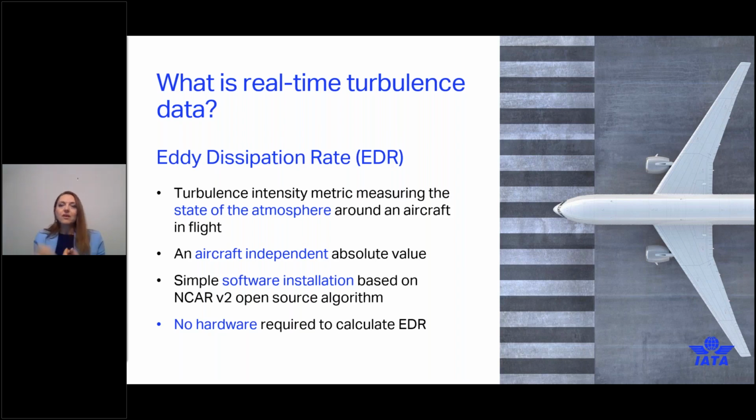So the equivalent of the 2-meter height wave can be EDR of, for example, 0.3. And the impact of the 2-meter height wave on the big cruise ship and the small boat will be different. And it's the same when it comes to EDR and the impact of turbulence of 0.3 to aircraft of different sizes.